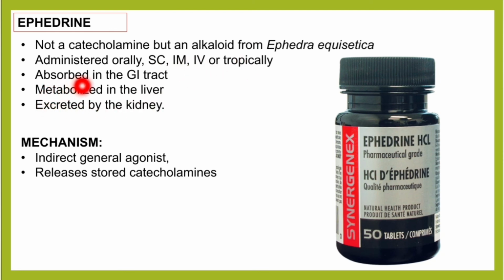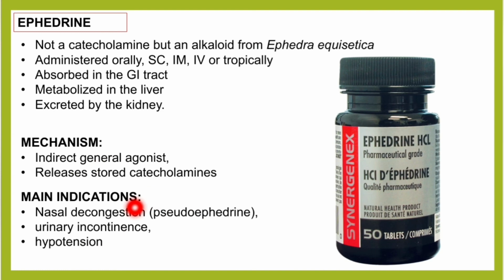It's absorbed in the GIT, metabolized in the liver, and excreted in the kidney. This drug is an indirect general agonist, and it releases stored catecholamines. Thus, its activity. This drug is indicated in nasal congestion, urinary incontinence, and hypotension.